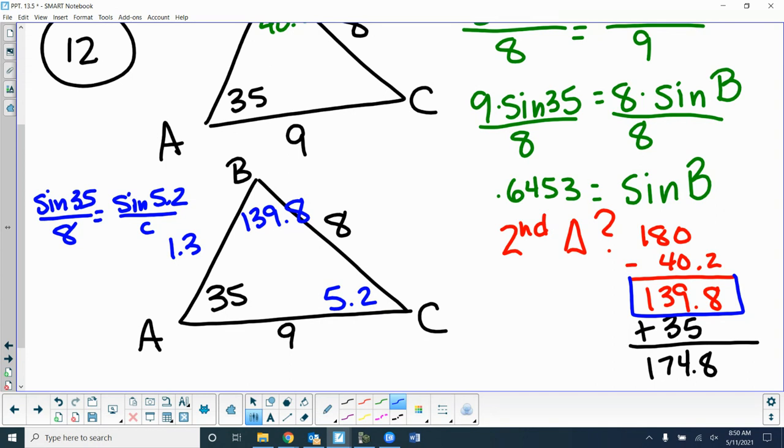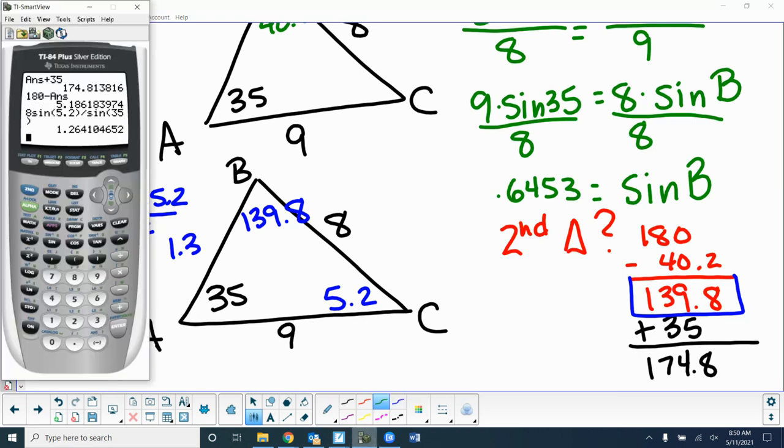Okay? Now I'll go back and finish the first one. So I need 35 plus 40.2, 180 minus that is 104.8.